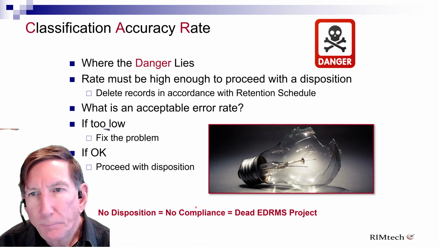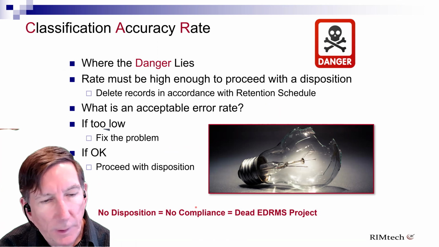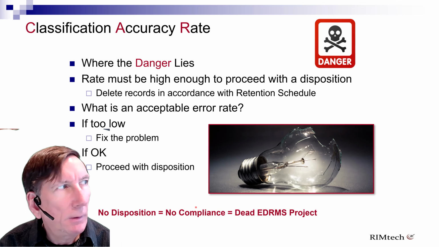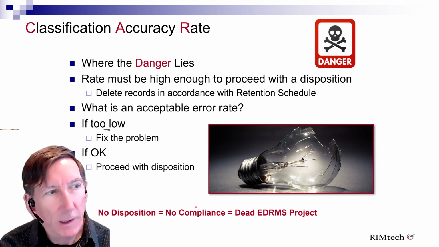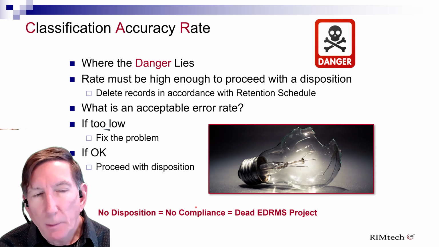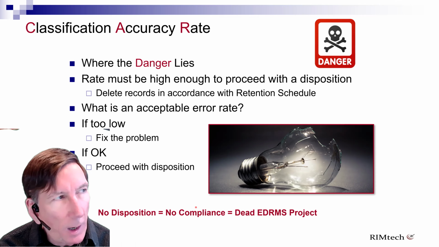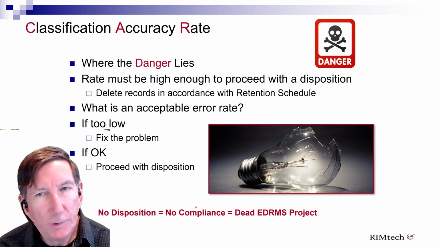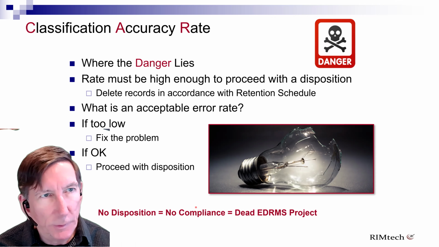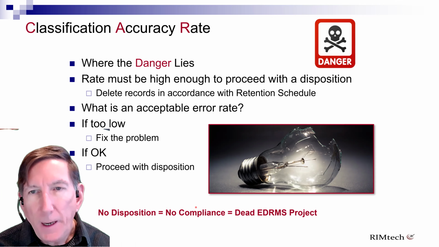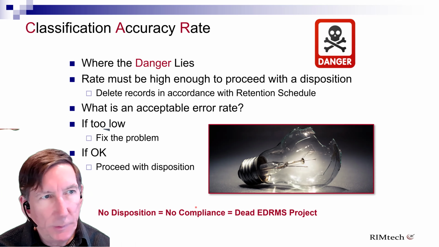And here's the scoop. We believe that in order to carry out a disposition, which is a mass destruction of records in the millions, you have to know how accurately the records are classified, meaning are they assigned the correct retention rules? And we believe that 85% is a minimum threshold.